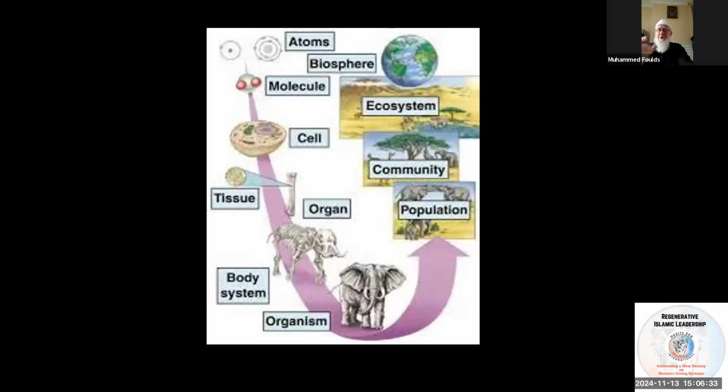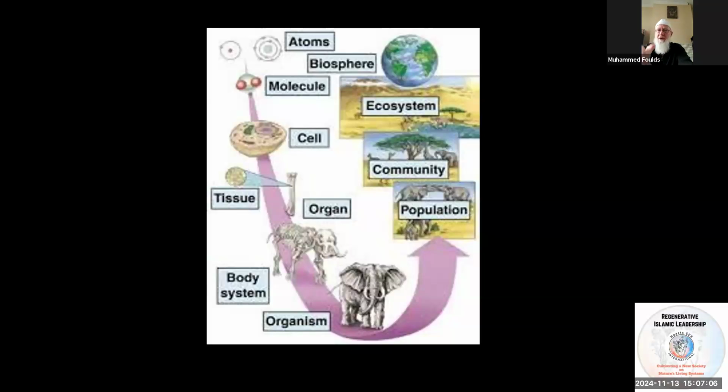So if we just then look at the natural world, and we look at it in relation to Iqra bismi rabbika alladhi khalaq, the command to read, and whether we are looking at the atoms, like here, the molecules, the cells, the tissues, the organ, the body system, then we go into organization, we come round to the right-hand side, we go into population, community, ecosystems, and the biosphere.